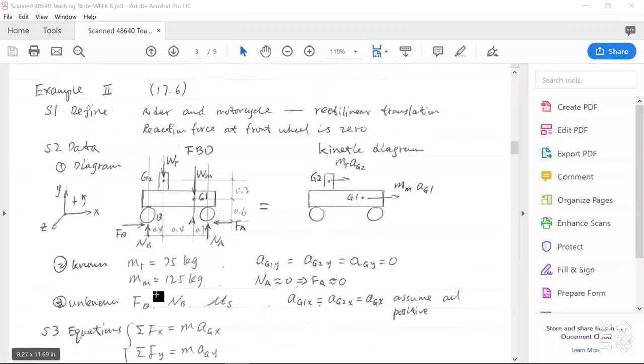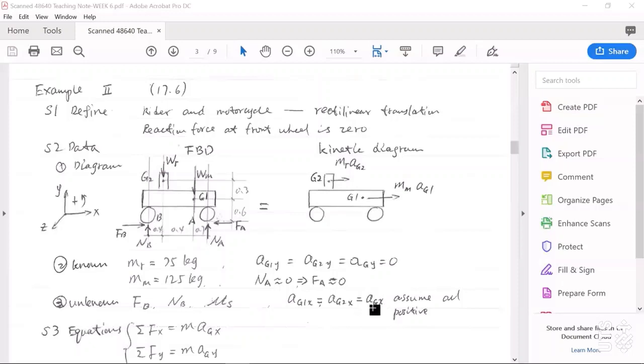Okay, we don't know Fb, Nb, and we don't know the static friction coefficient. We don't know aG1x, aG2x, they are equal, so actually we don't know aGx. In aGx, G means the mass center point of this system, consisting of the motorcycle and the rider.